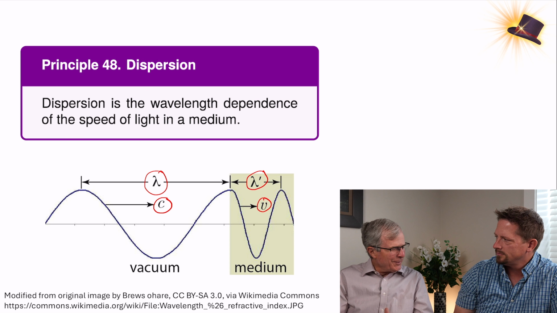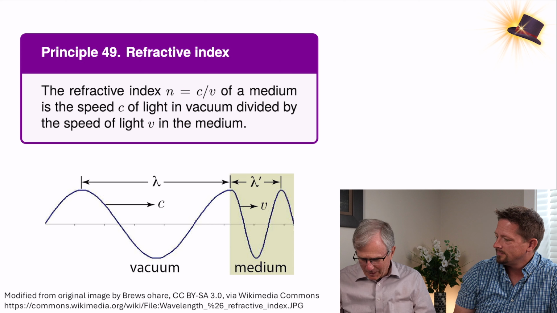When it enters a medium, it travels at a slower speed, v, and the wavelength of the light in that medium is going to be less. But the interesting thing is that the wavelength depends on the amount of dispersion, and the speed of the light through that medium depends on the actual wavelength. So it's kind of complicated.